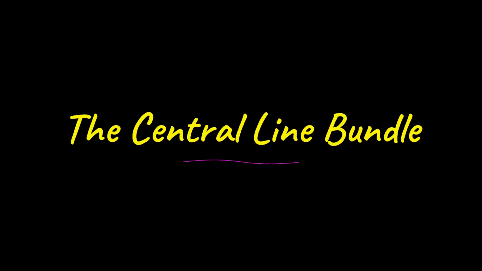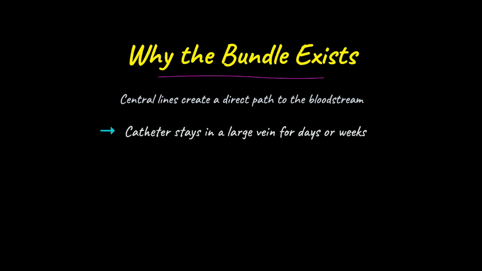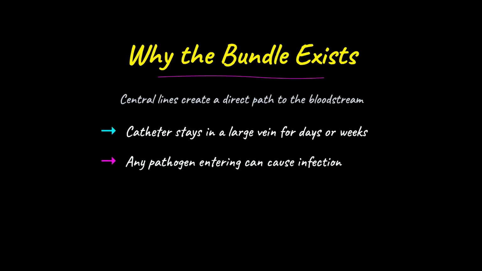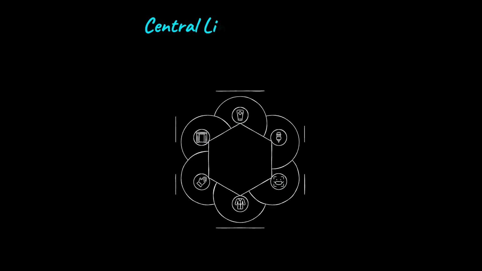That's why hospitals adopted the central line bundle, a set of evidence-based practices that, applied together, drive infection rates towards zero. A central line sits in a major vein for extended periods, so any break in technique can let pathogens into the bloodstream. These infections lengthen hospital stays, raise mortality, and add significant cost, which is why bundled practices outperform any single intervention.